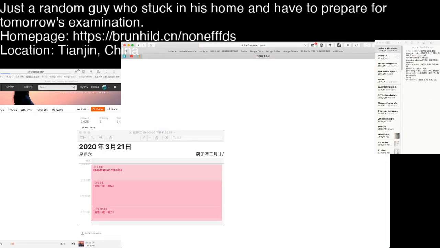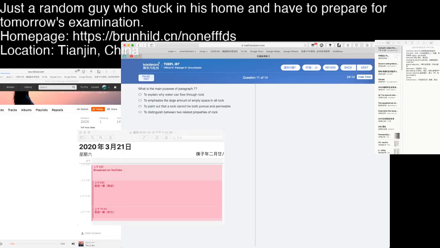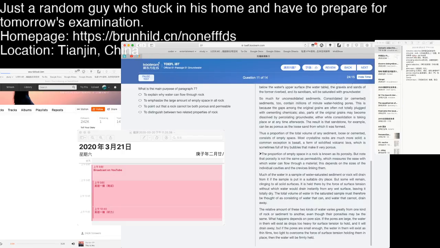Okay. What is the main purpose of paragraph 7? The proportion of empty space in a rock is known as its porosity. To distinguish between two related properties of a rock, to point out that a rock cannot be both porous and permeable, to explain why, to emphasize.